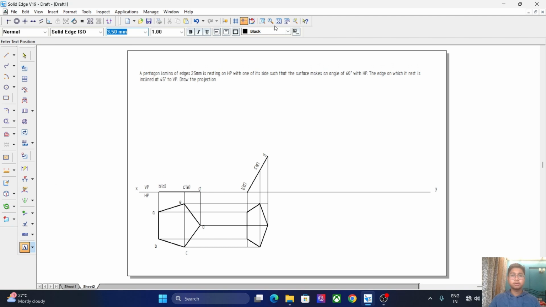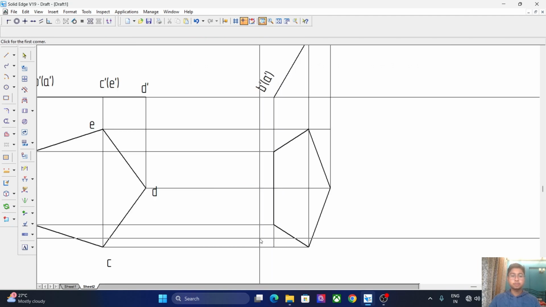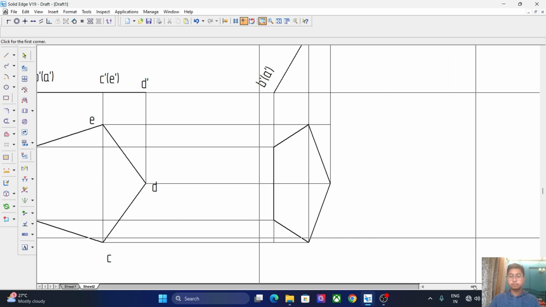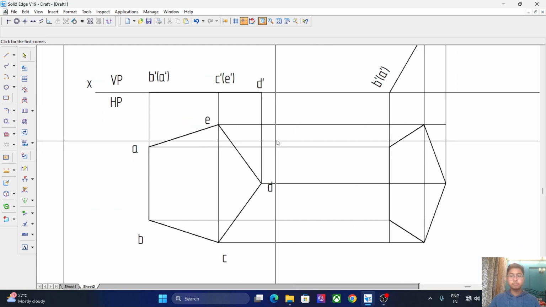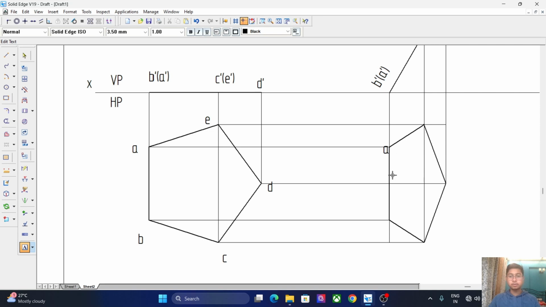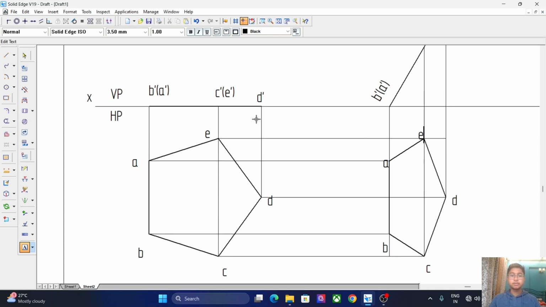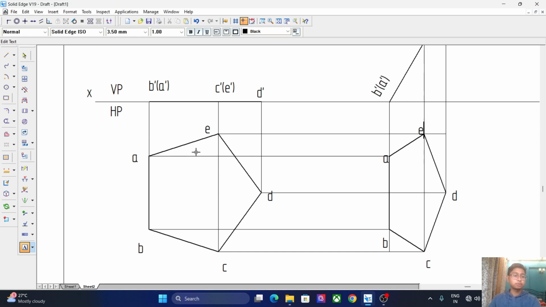You can now denote these edges also. This one's A, B, C, D, and E. We can give the leader lines to denote.